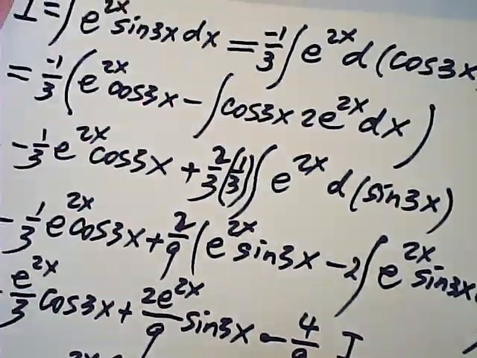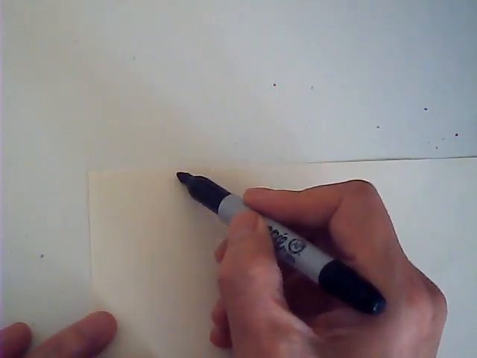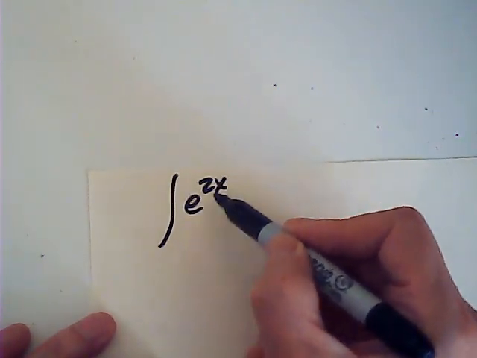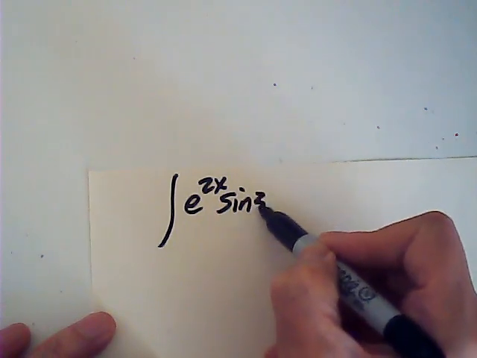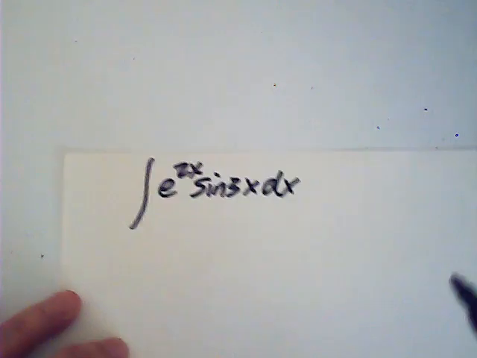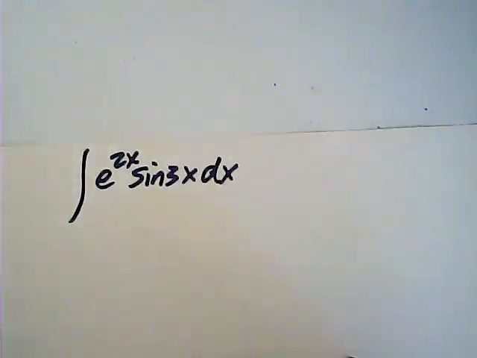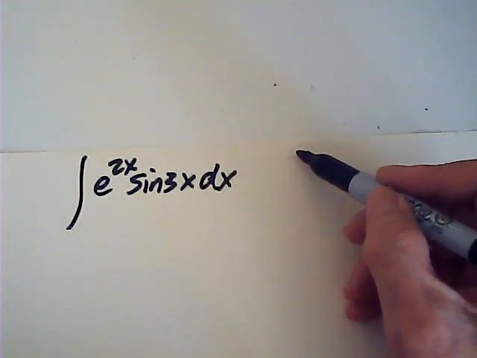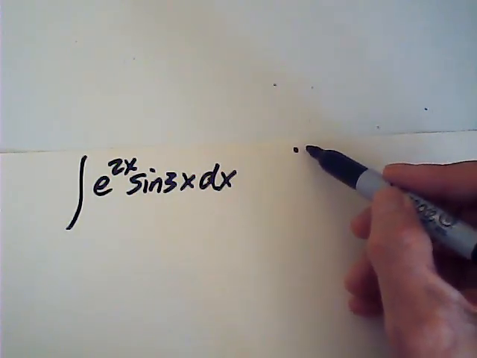Now method 2, the integral is e to the 2x sine 3x dx. The second method, I'm using complex numbers.